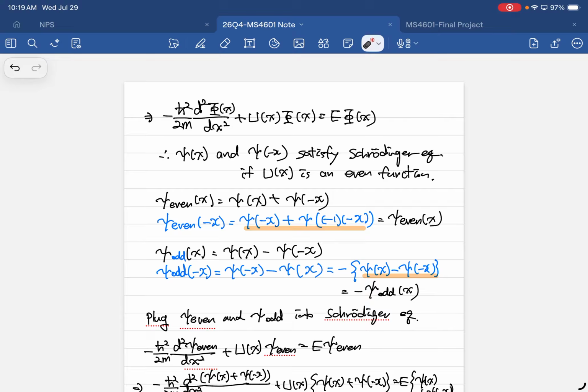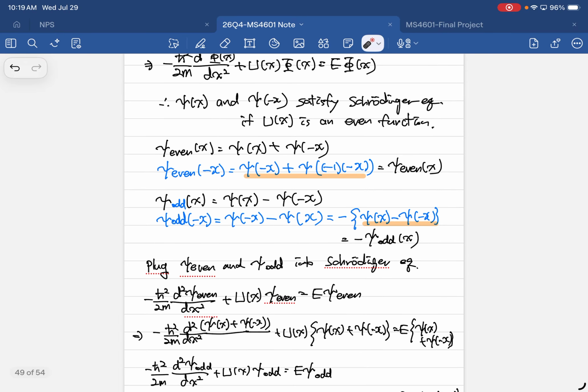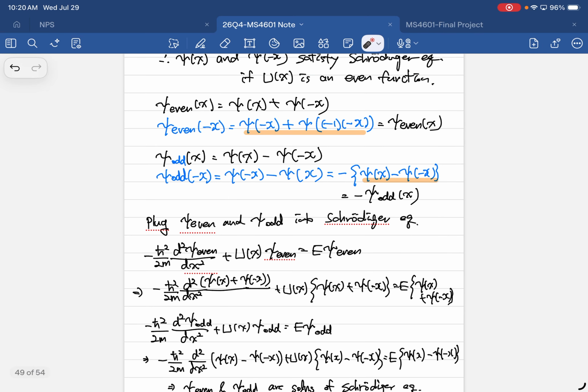So look at this one. Psi odd of negative x equals minus psi odd of x. That is essentially the definition of an odd function, right? So you plug this psi even and psi odd into the Schrödinger equation again, and you will see that when we plug it in, this is the full expression.